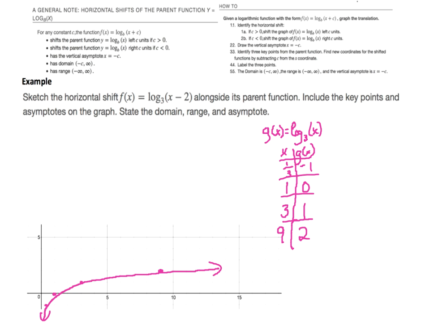All right, so what we should expect with our new function, our translated function, is a shift 2 to the right. Remember, inside inverse. So f of x equals log base 3 of x minus 2. This means we are going to add 2 to each of our input values.